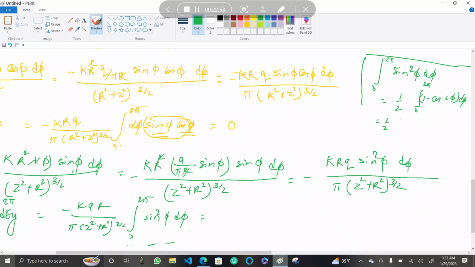If we integrate, we get phi minus 1 by 2 sin 2 phi over the range 0 to 2 pi.